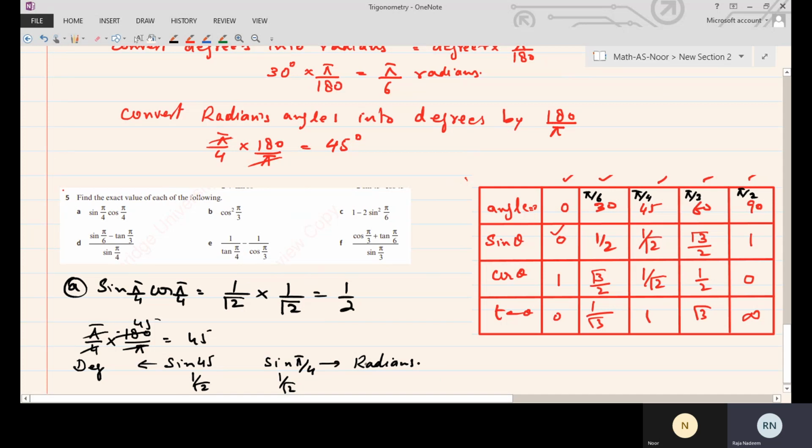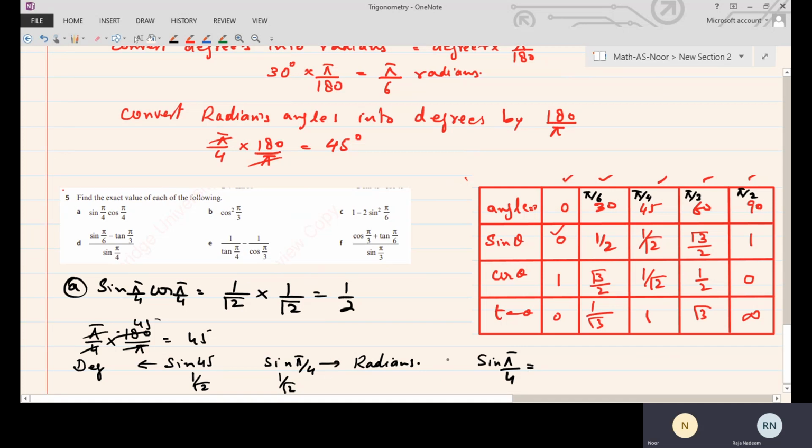After converting the calculator to radian mode, write sine pi over 4 and see what you get. I got 2 root over 2, which is 1 over root 2, so you'll get the same answer.